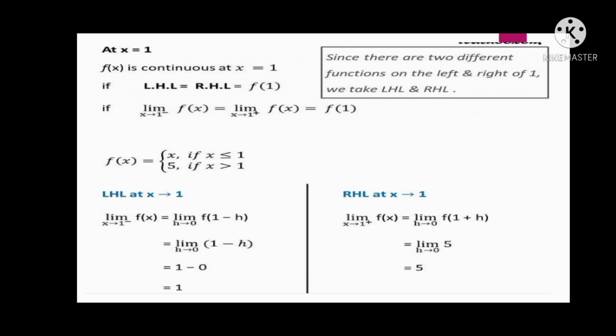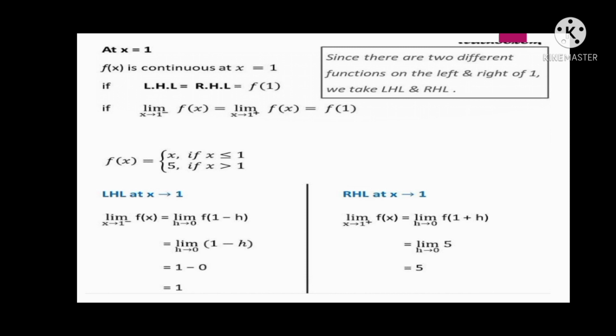Limit x tends to 1 minus f of x is equal to limit h tends to 0 of f of 1 minus h, which is limit h tends to 0 of 1 minus h, equal to 1 minus 0. In the place of h we substitute 0, so we get 1.